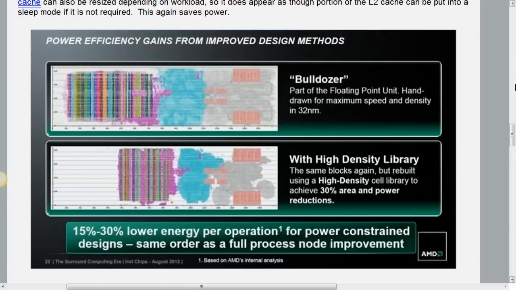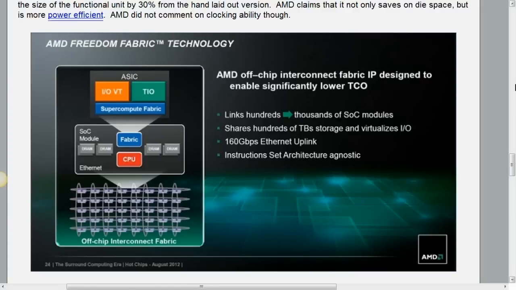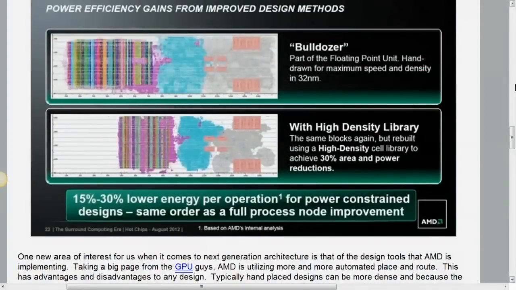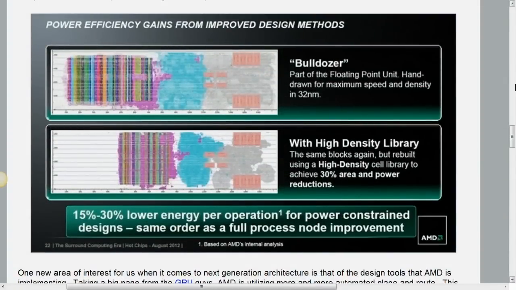One of the last things that they talked about, and this will not be in the Steamroller generation, is that they're taking some aspects of the GPU design work and putting them into CPUs. Now, the slide that Ryan just showed is basically they're using these high-density libraries to design chips and portions of the chips so that it will actually shrink the amount of space that is used, but still have the same kind of functionality.